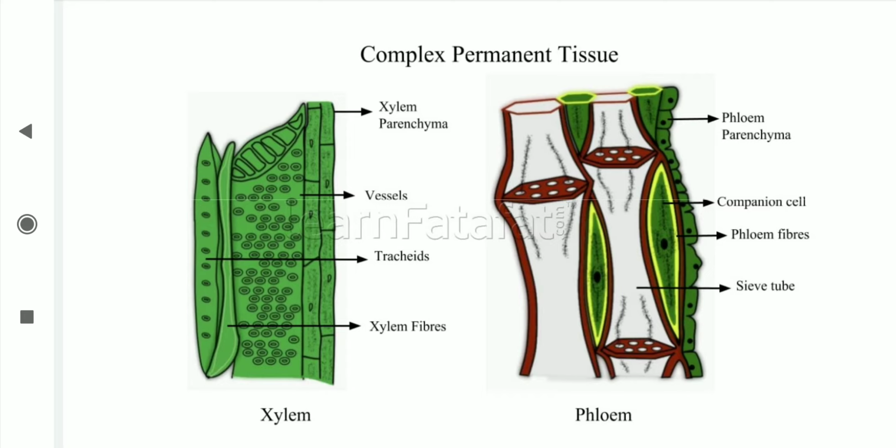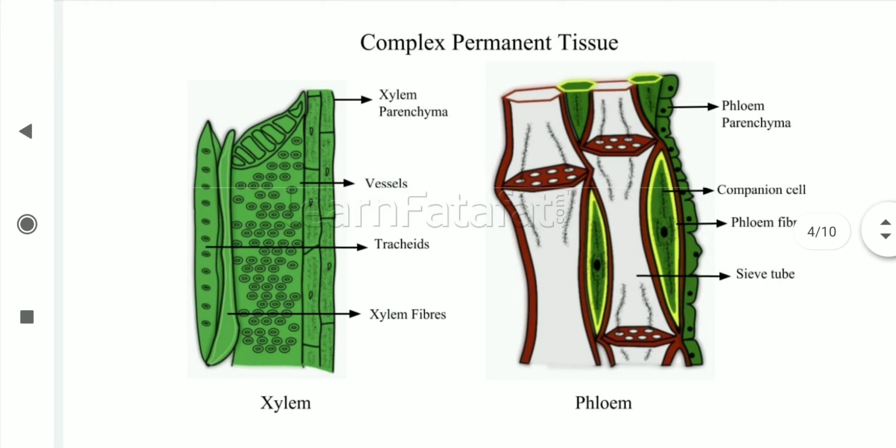Best example, xylem and phloem. Both are conducting tissues. Xylem is formed from 4 types of cells and performs which function? Conduction of water. Phloem also, 4 types of cells together form phloem, and what is its function?